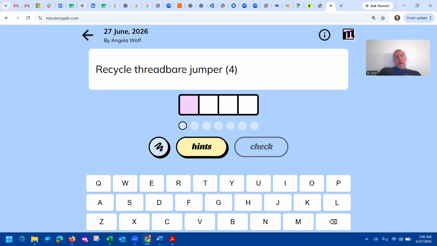Thread, bear jumper. See, there's 10 letters there. Even if you were like threading through it, you're just finding random letters through bear jumper that mean recycle. Let's see. B, E.